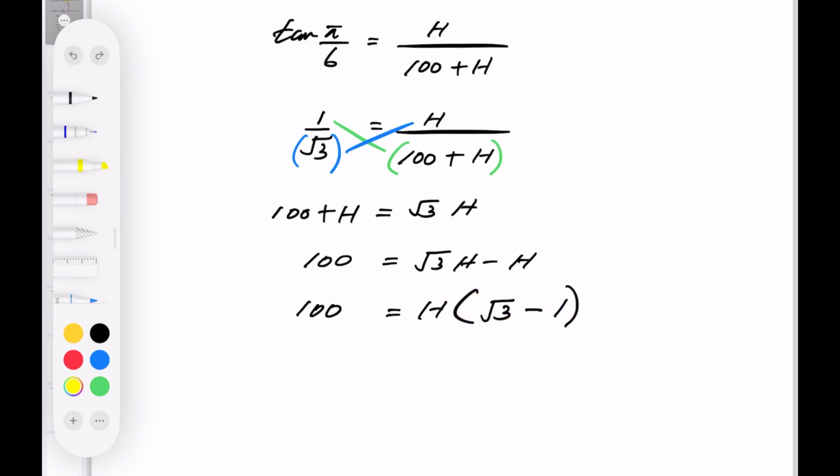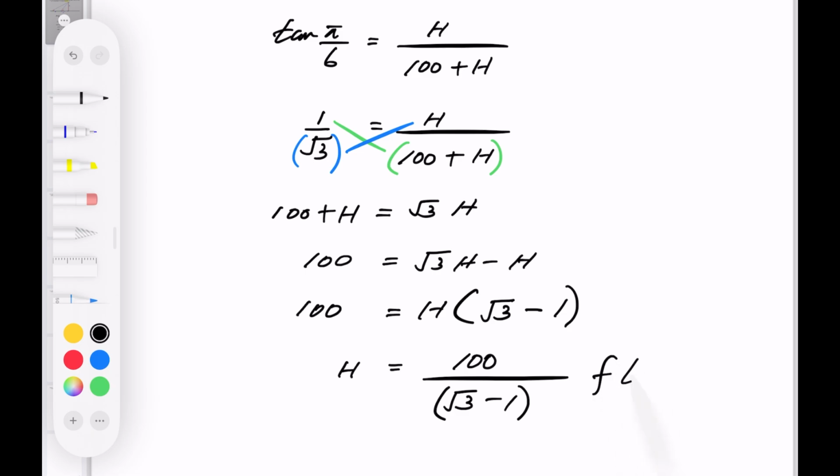Then I get h to be equal to 100 divided by square root 3 minus 1. What are the units of this? Remember, the given distance in this problem was given in feet. Therefore, h should also be given in feet.